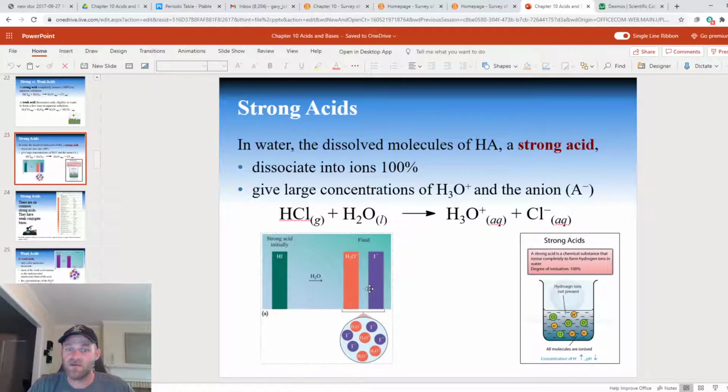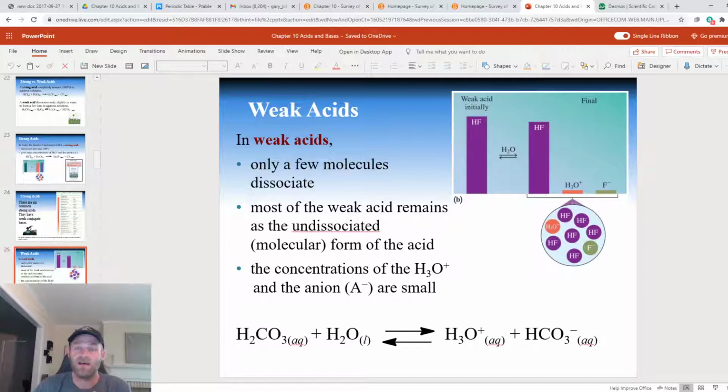Just to juxtapose that with the strong acid, the heights of the H3O plus and the iodide were the same as the HI, the hydroiodic acid together. Then on the weak acid, it goes down significantly. Only a little bit of that HF is breaking apart.